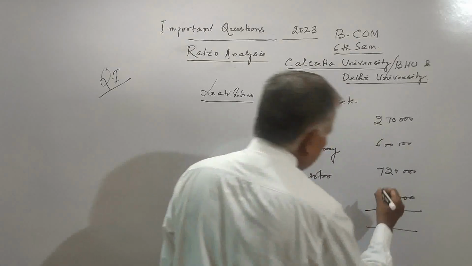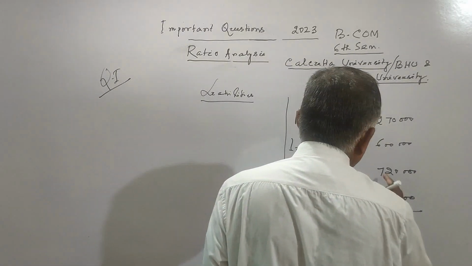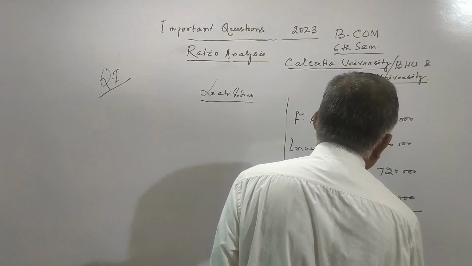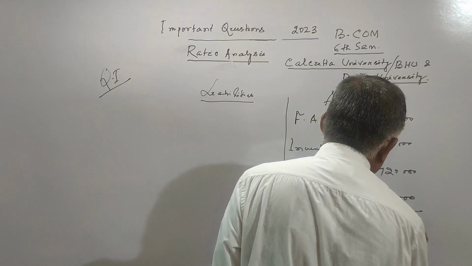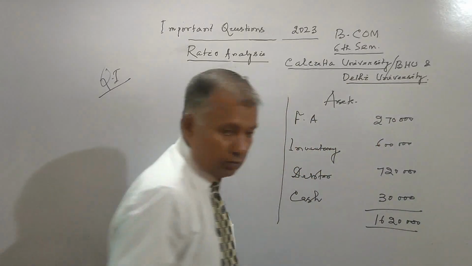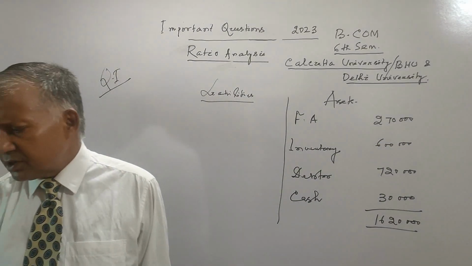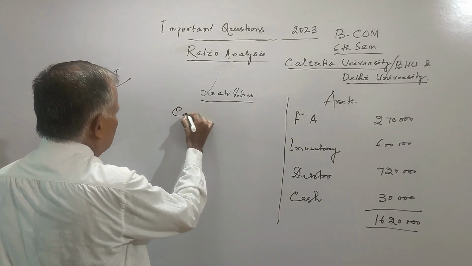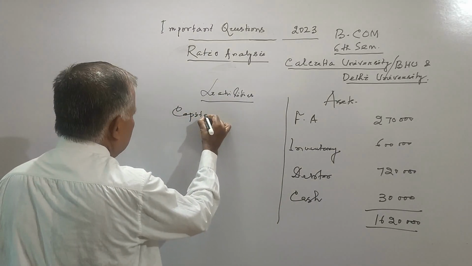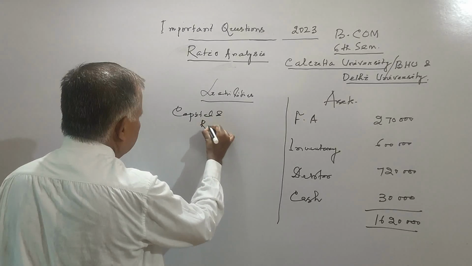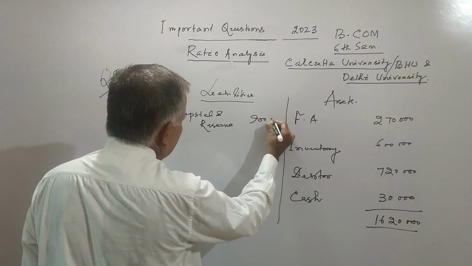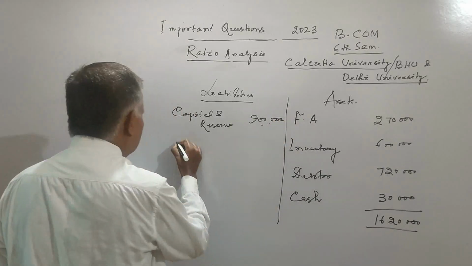So total is 16,20,000. Now net worth, that is your capital and reserve, 9 lakh.